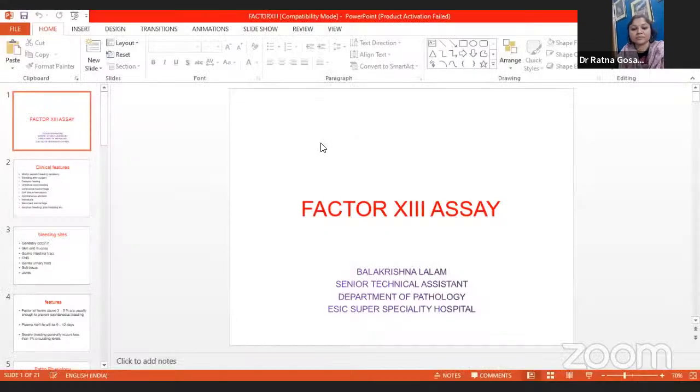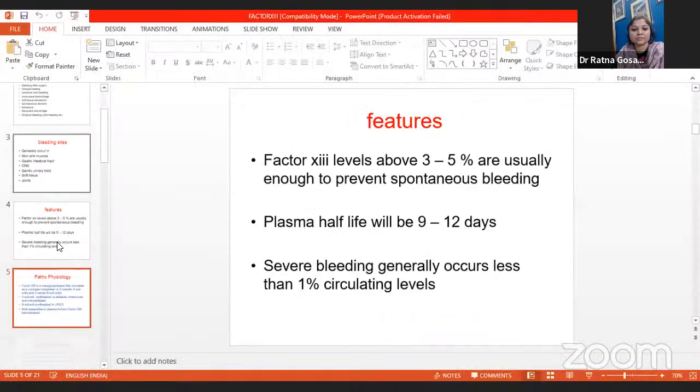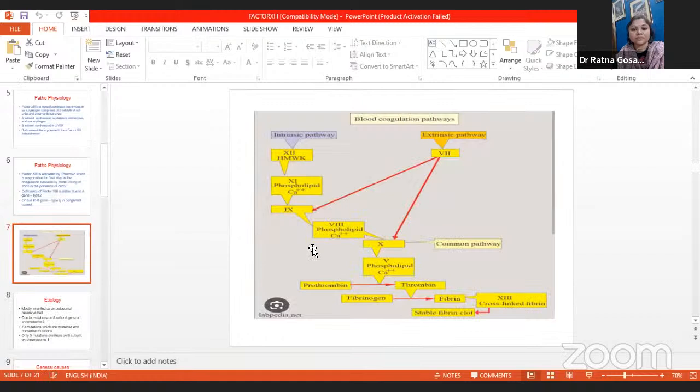Can you show it again, Balakrishna? Yes, this picture.